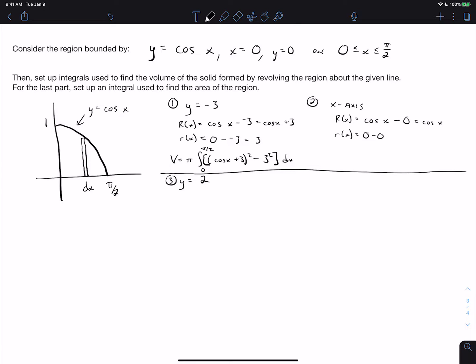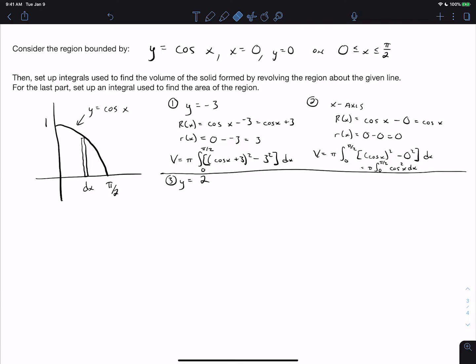So that is 0 minus 0, which is just 0. That means that we can set this up as pi times the integral from 0 to pi over 2 of cosine x squared minus 0 squared dx. It would be much simpler to rewrite that as pi times the integral from 0 to pi over 2 of cosine squared x dx.